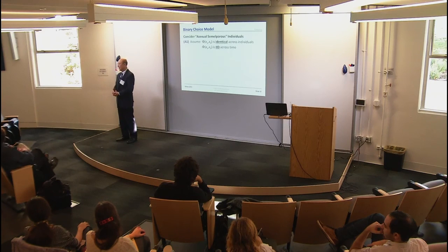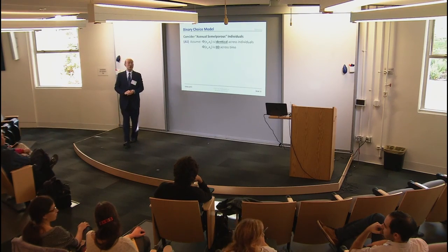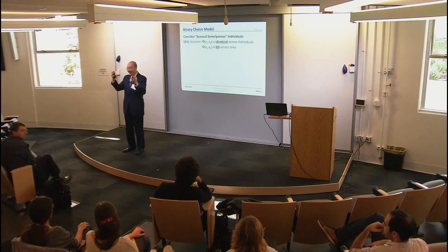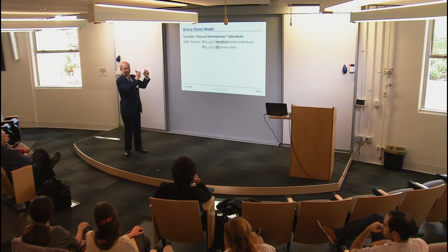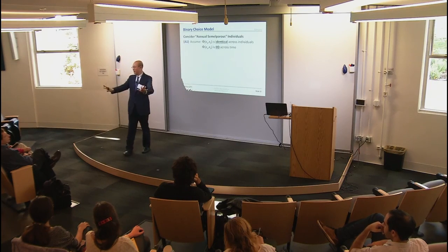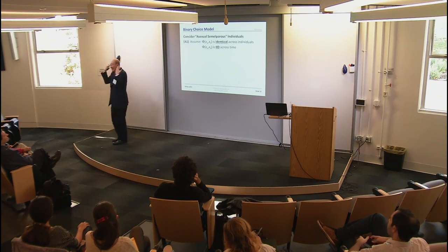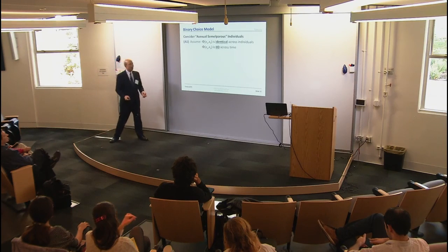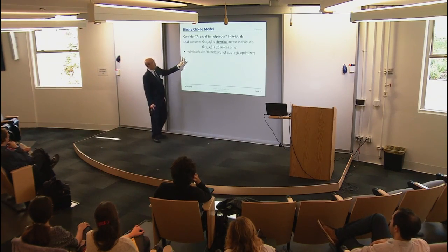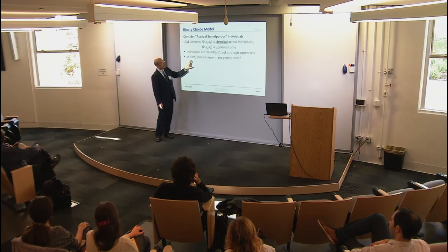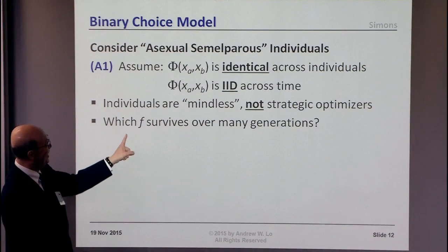Exactly. But there's no gaming here. There's no intelligence here. There's no strategy going on. You have to really think about these as dumb little bacteria, not to insult bacteria in the audience, but just think about this as mindless, which is, in this case, a feature, not a bug. Okay. So individuals are mindless. They're not optimizers.